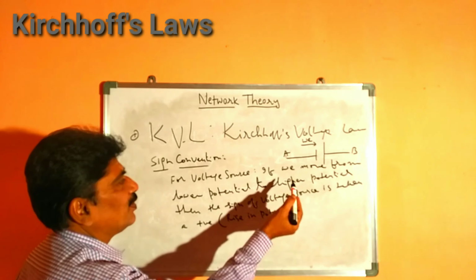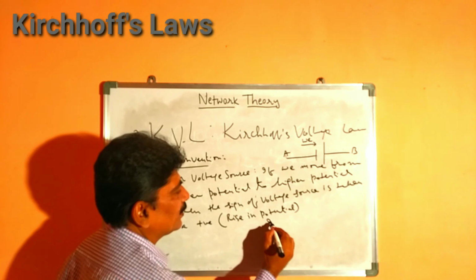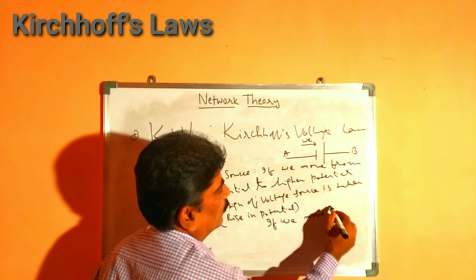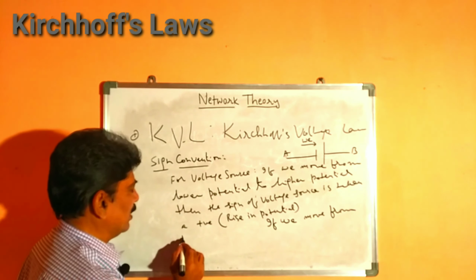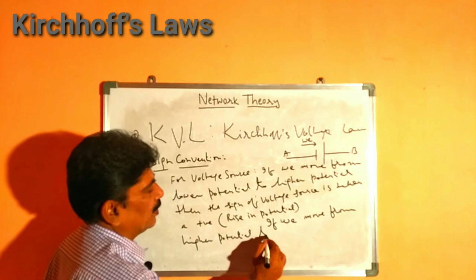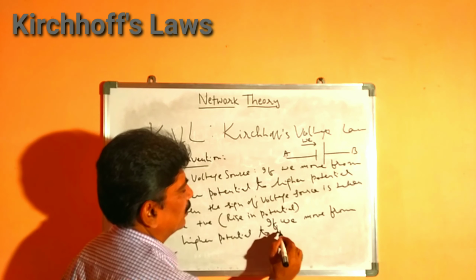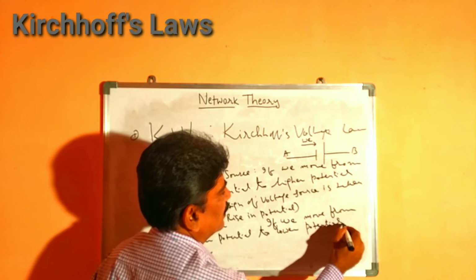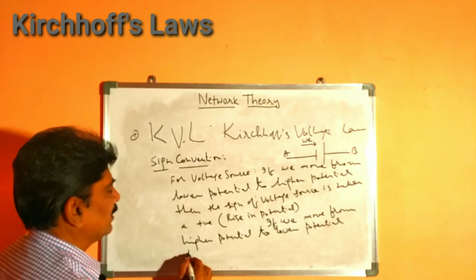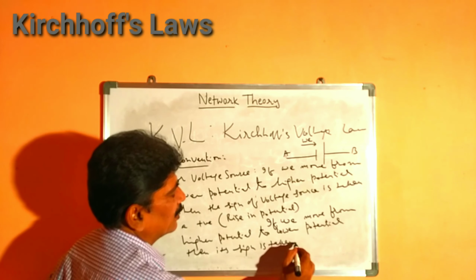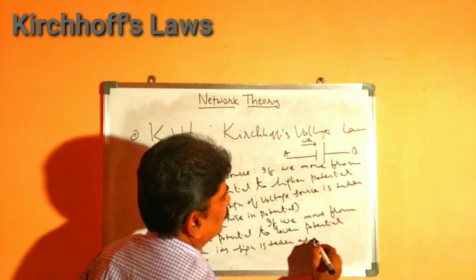Now for a voltage source, if we move from higher potential to lower potential, then its sign is taken as negative.